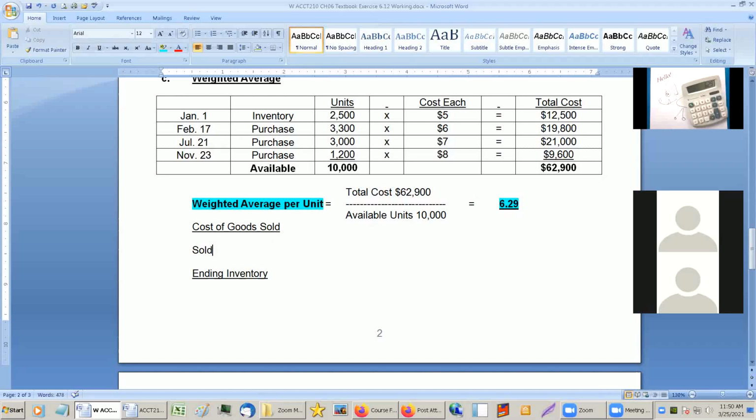Sold 8,500 units at $6.29 each equals 53,465. So $53,465. That's our cost of goods sold.